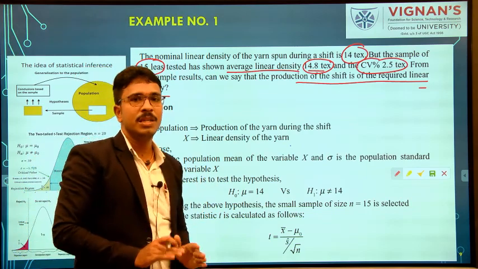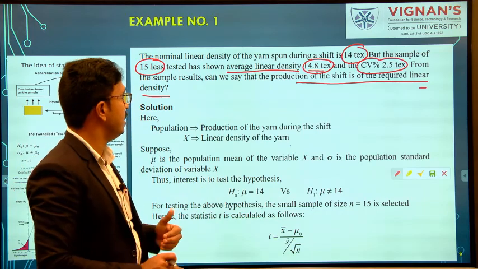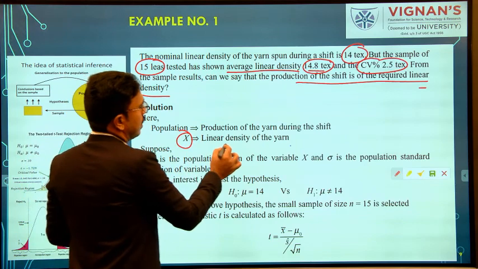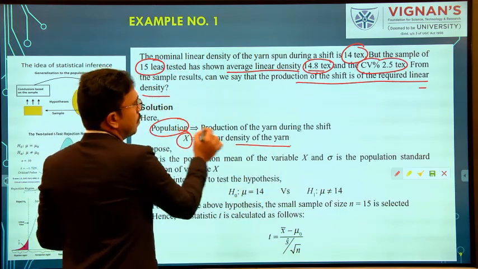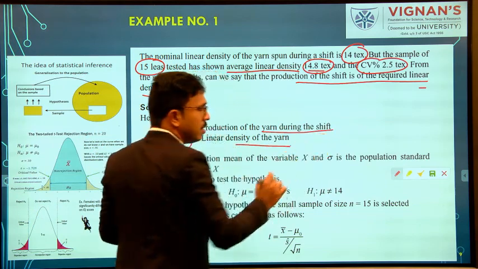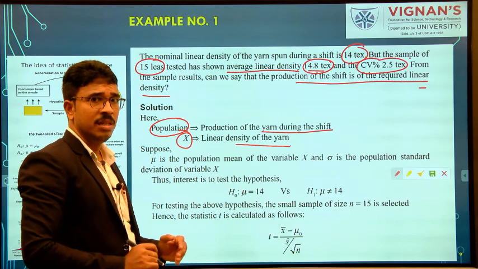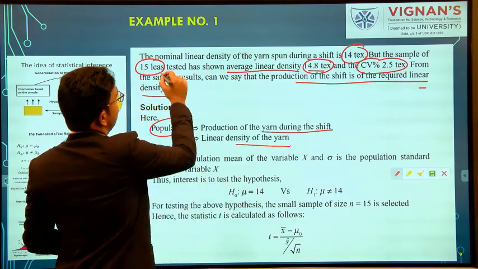By looking at this problem, what information is given that we have to identify? Here, what is the variable? The variable x is the linear density of yarn. And what is the population here? The population is the yarn spun during a shift. Then we look at the sample size.